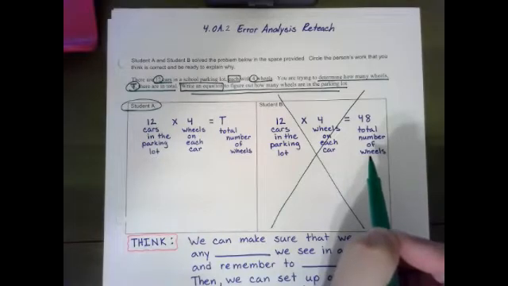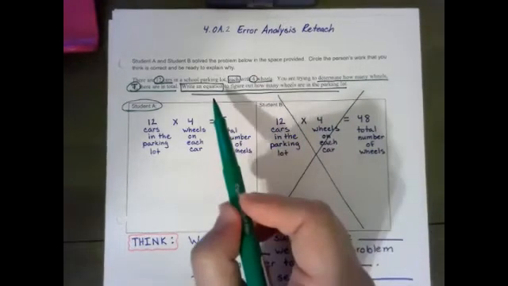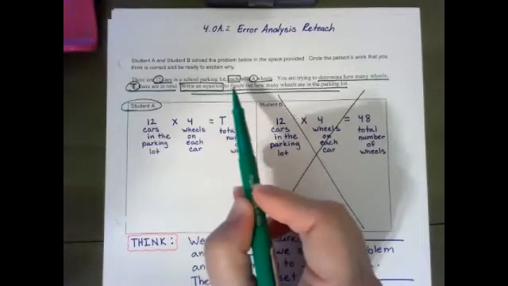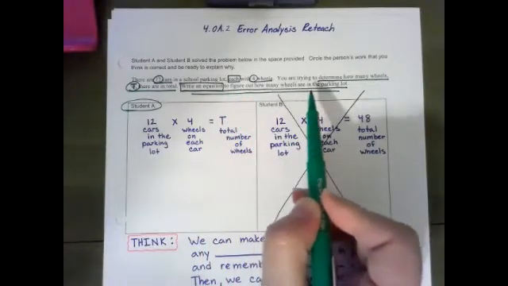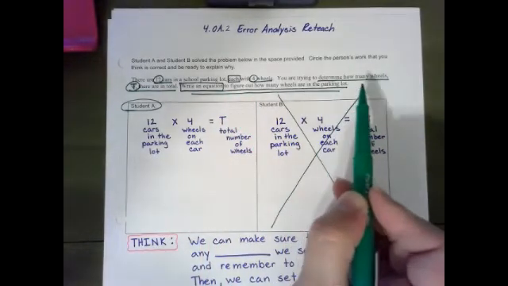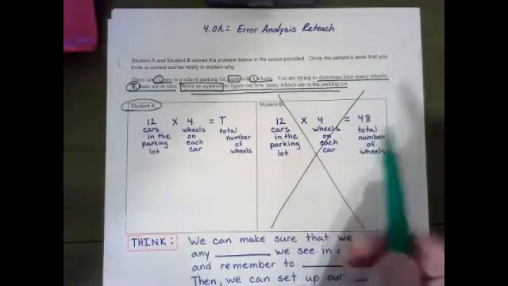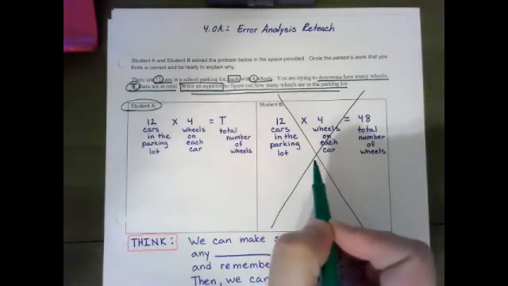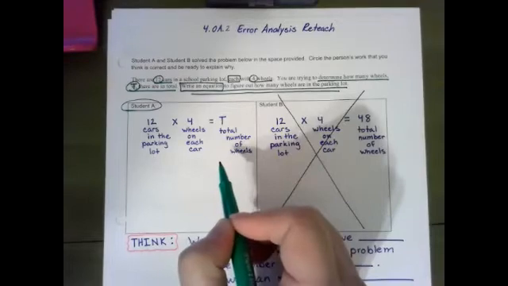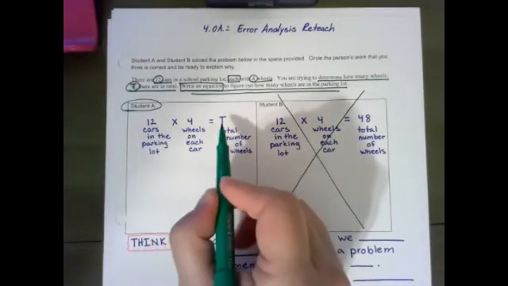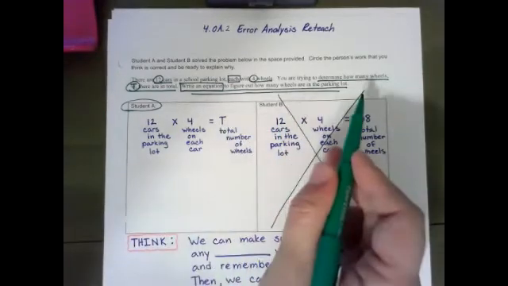However, do you remember what our task was? That's right. Our task was to write an equation to figure out how many wheels are in the parking lot. It did not say solve. We need to be very careful today when looking at our problems because some of them will ask us to write an equation using a variable like student A, and some of them will say write an equation using a variable, then solve.